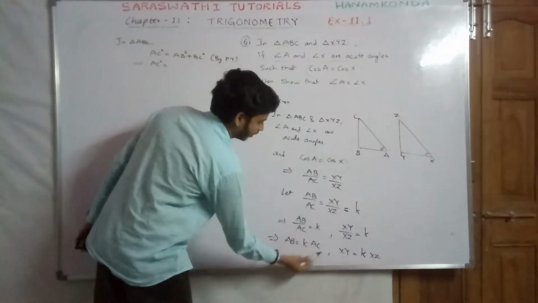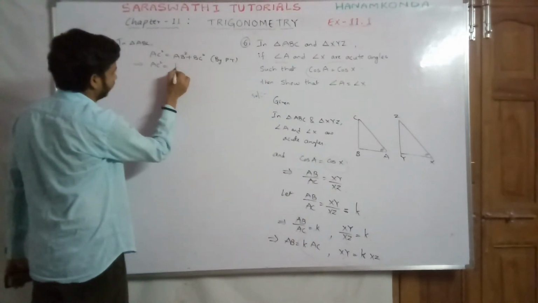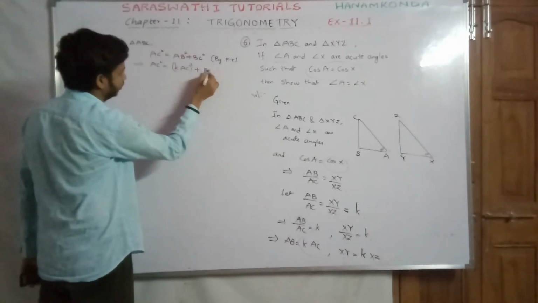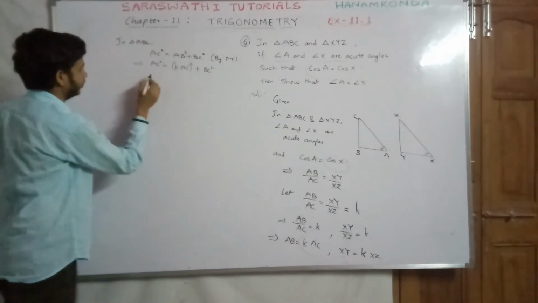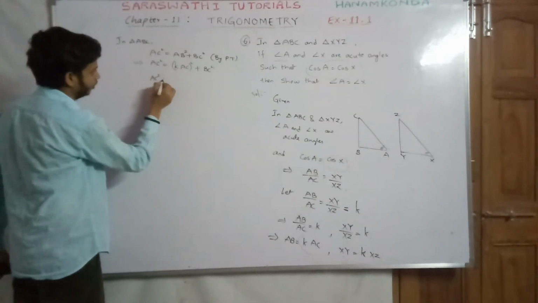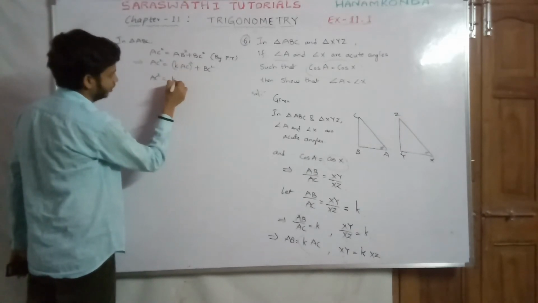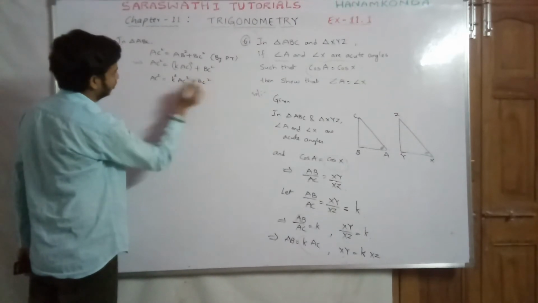In place of AB we can write k into AC. So AC square equals k into AC whole square, that means k square into AC square, plus BC square.